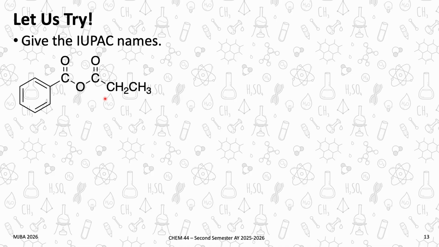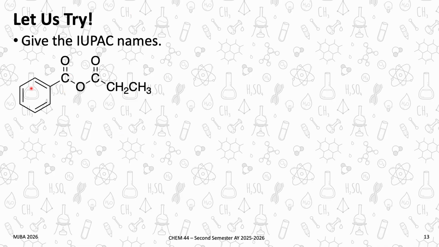Alright, so as we can see here, this is composed of 2 acyl groups that have an oxygen in between them. So this is an anhydride, and it is an asymmetric anhydride.